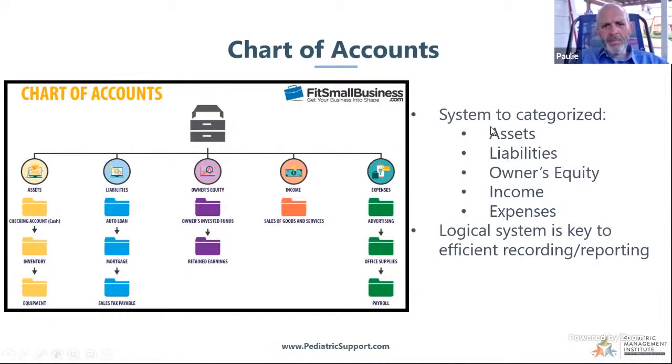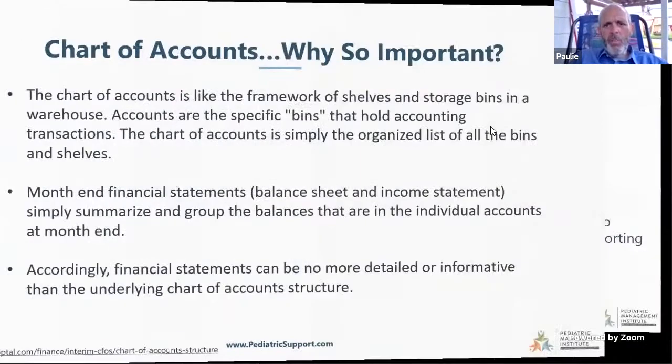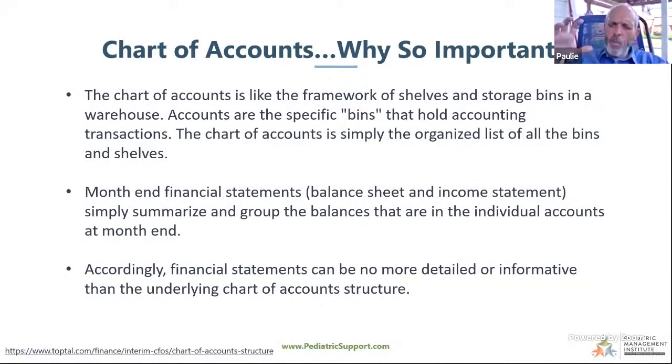Because of this, it's really important as a framework. When I pay the rent, it falls into one bucket, and when I pay for the vaccines, it falls into another bucket. By classifying those into different buckets or bins, however you want to call it, it allows us to report how much we spent on rent last year versus vaccines.